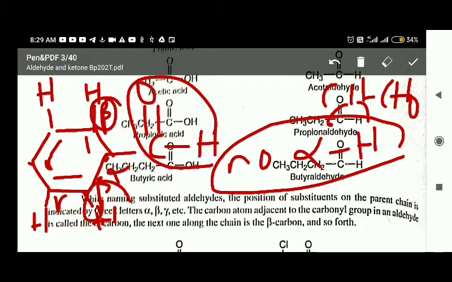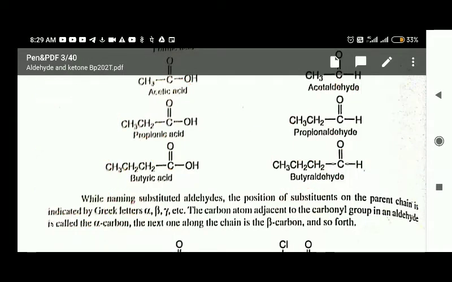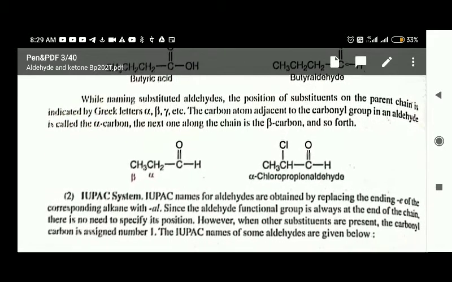If 4 choices are there, which compound is going to give the Cannizzaro reaction, or which is not going to give it? You have to identify. For the Cannizzaro reaction, no alpha hydrogen. I believe you understand what is alpha hydrogen, what is not alpha hydrogen, what is alpha position, what is beta position.